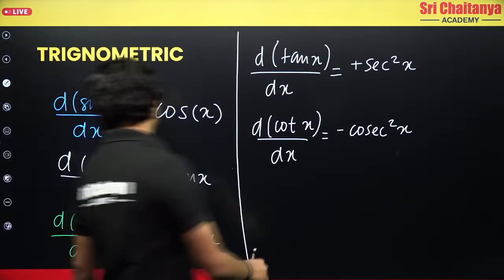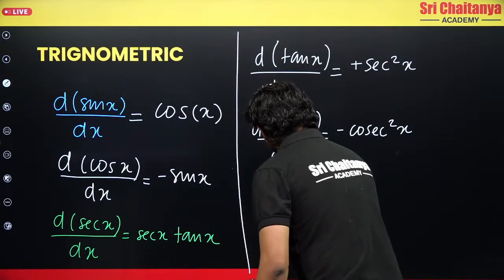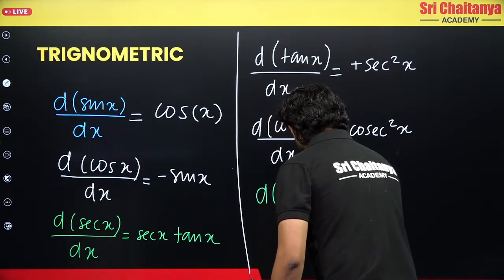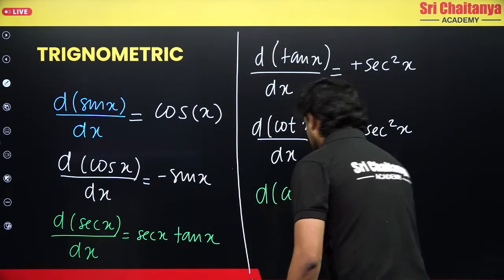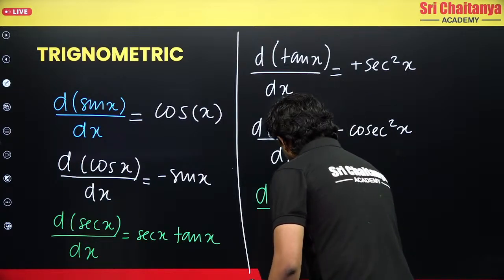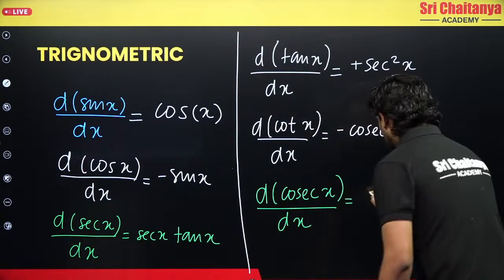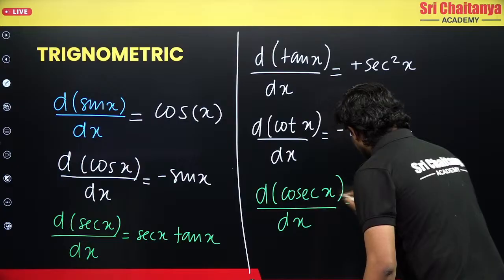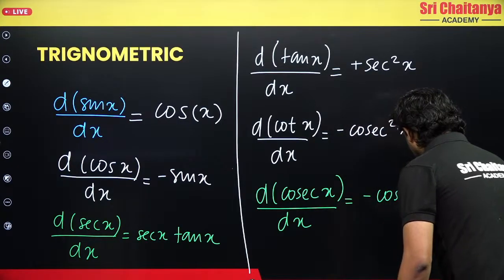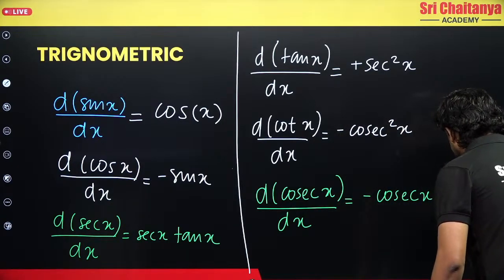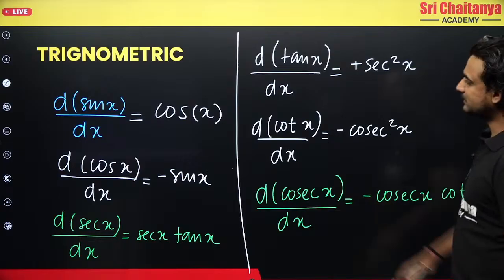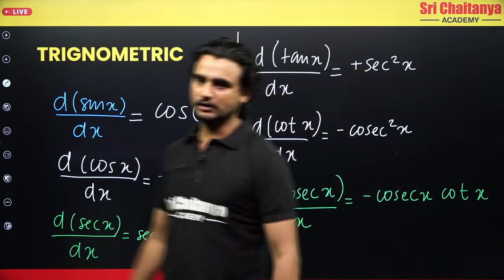And finally, differentiation of cosec x with respect to x is equal to minus cosec x cot x. So these are the 6 formulas you should remember.